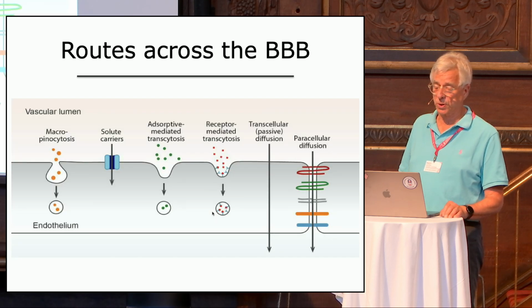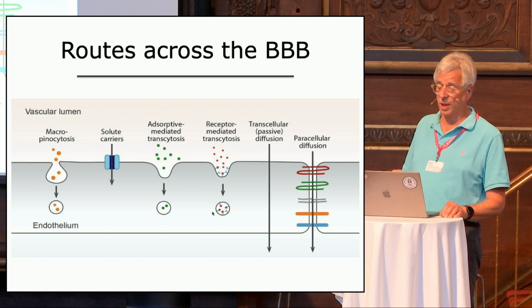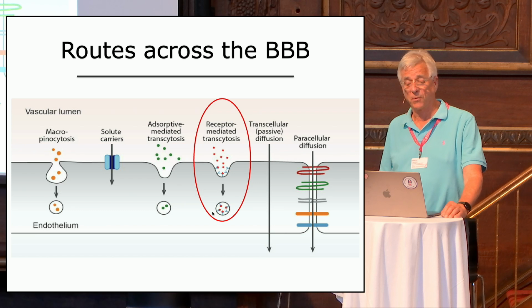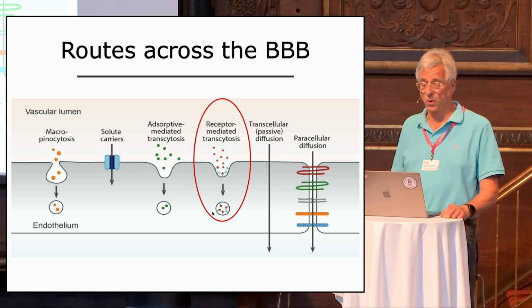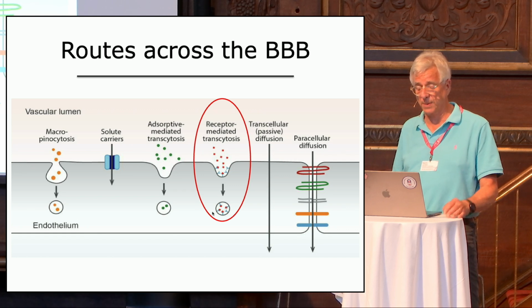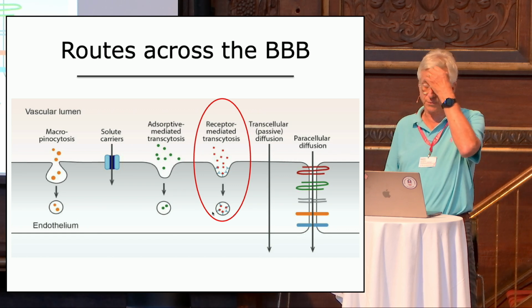You can go into another type of vesicular transport called receptor-mediated transcytosis, where you can link your therapeutic molecule to a ligand that can bind a receptor on the surface of endothelial cells.